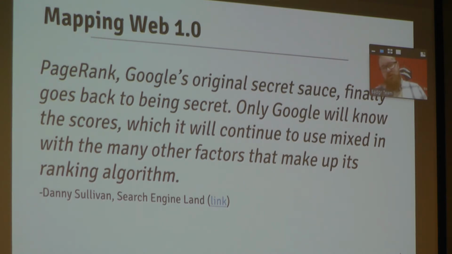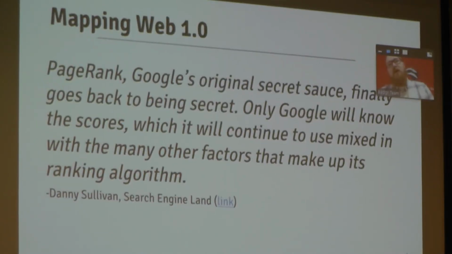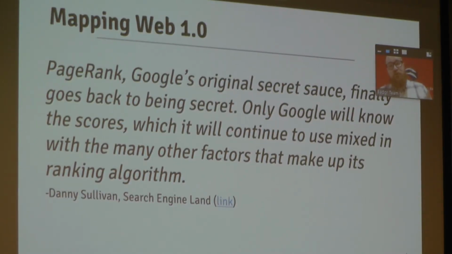We do not understand exactly what the effect of our changes to optimization strategies is going to have on the search page. And now also, Google has gone much deeper into personalized search results. So that if Chris and I both searched for the same term, we would get different results in some portion because of our own web browsing history that Google's aware of, because of our own social networks in the graph.